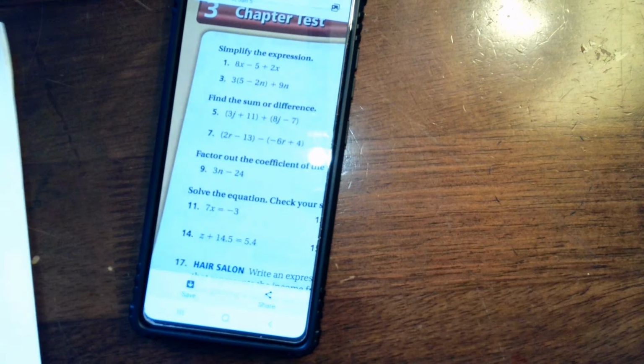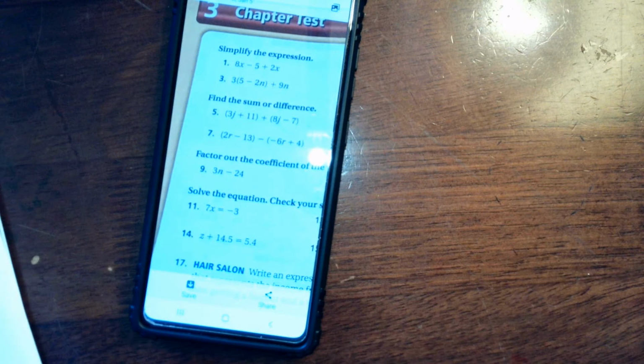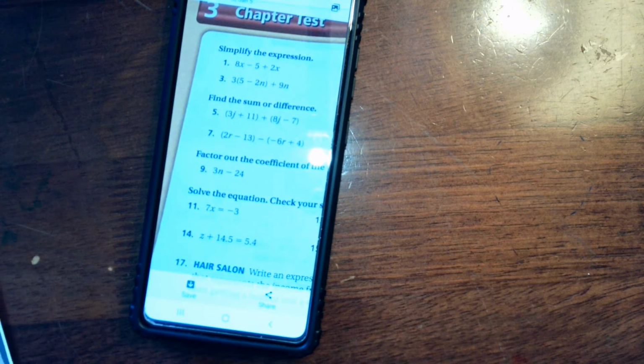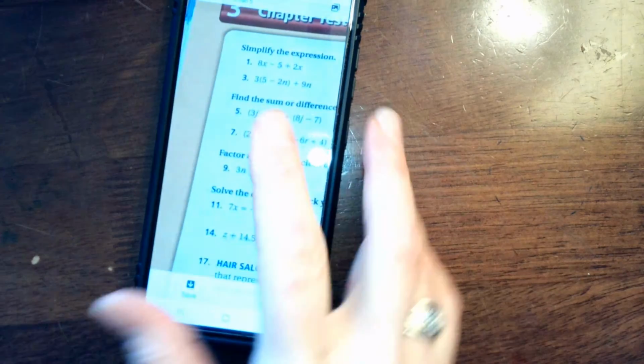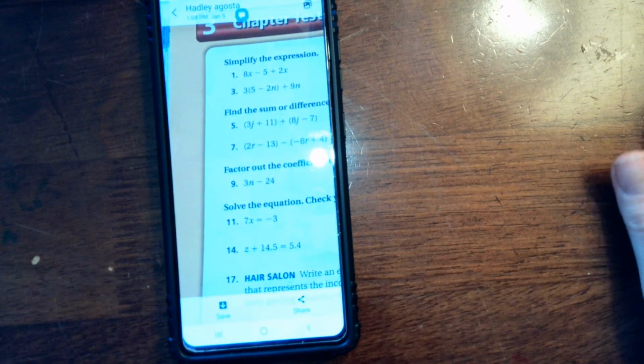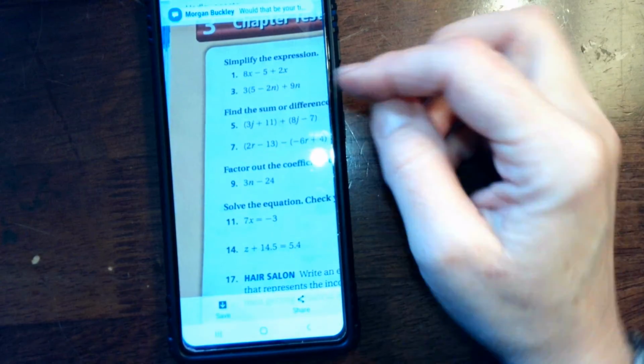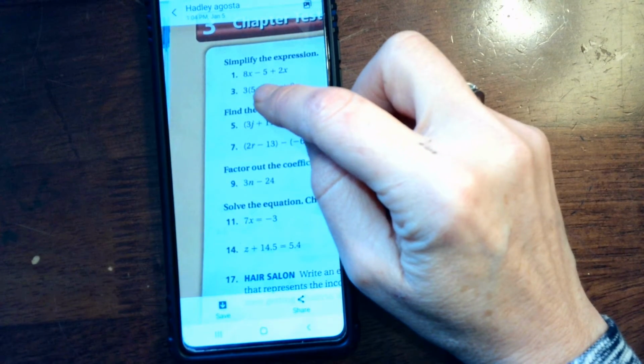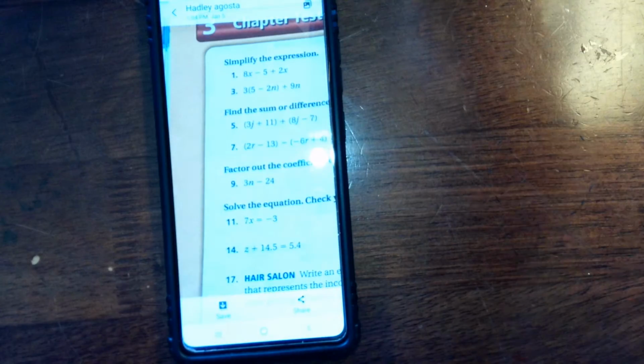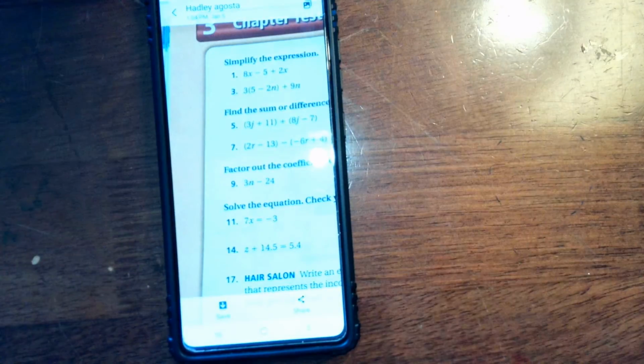Okay, so we have number one. Number one is just doing the simplification. So what you're going to do is you're going to combine like terms. So 8x minus 5 plus 2x. So all you're doing is simplifying it.